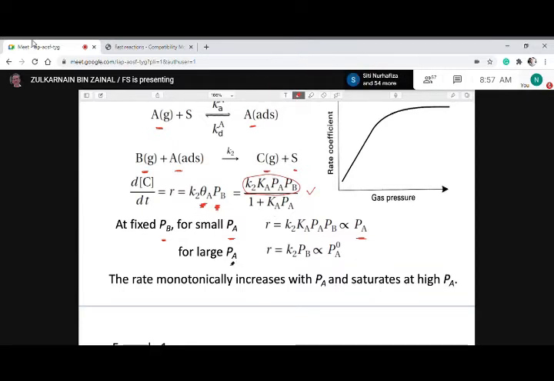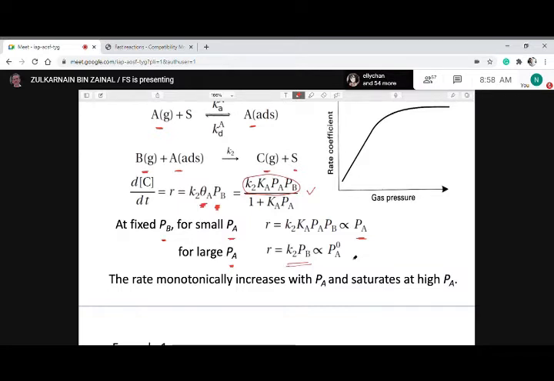For large PA, then 1 plus Ka Pa becomes large and R becomes proportional to PA naught.